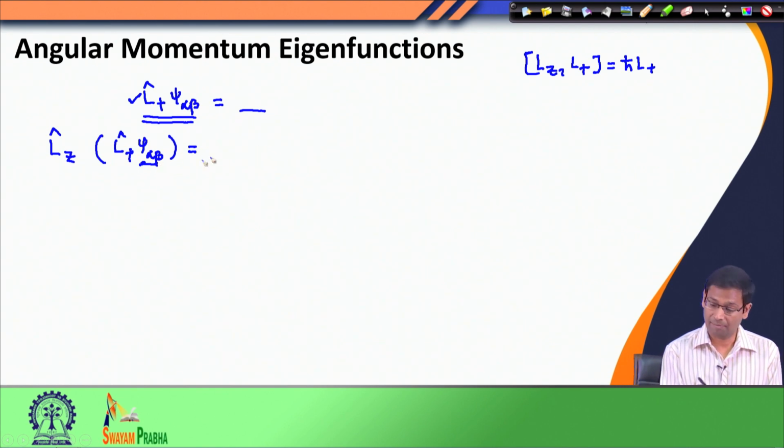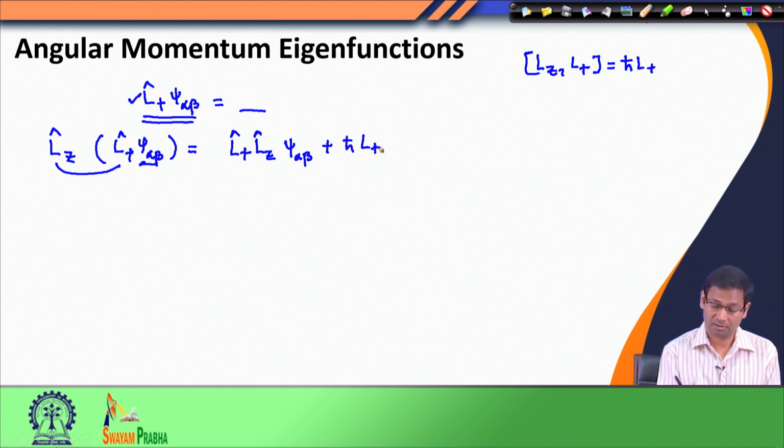So, I am writing down Lz L plus as L plus Lz plus h bar L plus, acting on psi alpha beta. I used this commutation relation to write Lz L plus as L plus Lz plus h bar L plus.